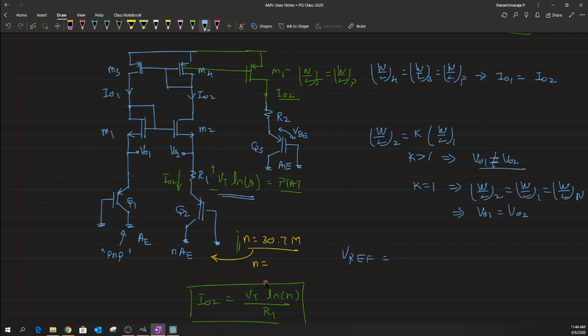Let me write it as VBE3. And I also need a PTAT circuit to have a quantity here. Now in order to measure this drop across this R2, which mimics the PTAT circuit, I have to multiply IO2 with this R2, the potential drop across this R2.